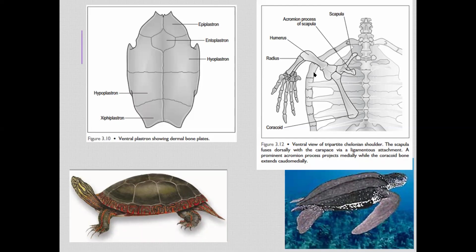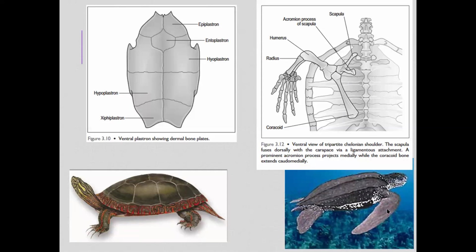As we know, there are three kinds of turtle: freshwater turtle, sea turtle, and land turtle or tortoise. As you can see in this picture, the freshwater turtle has five digits, long claws or long nails, and a membrane between the digits.